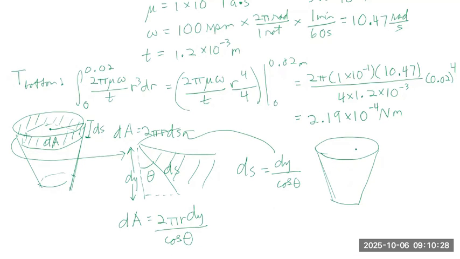So basically we have R2 over here and R1 over here below, and also a height of h.